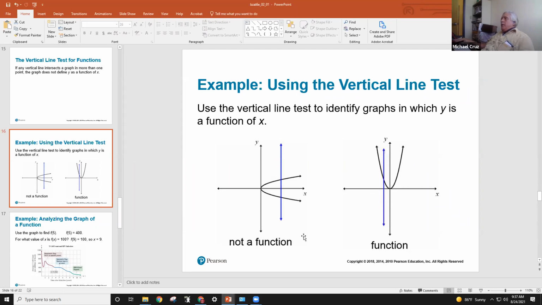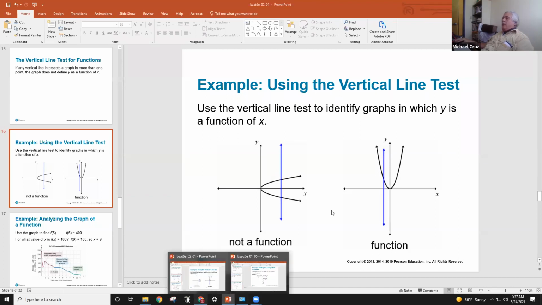Vertical line. But on this one, which is actually x equal to y squared, which if we had seen that before, we would kind of know it's not a function because we can't solve it for y with just one value of x. But notice what the vertical line does. It's cutting this thing at the top and at the bottom in the same way that this was.